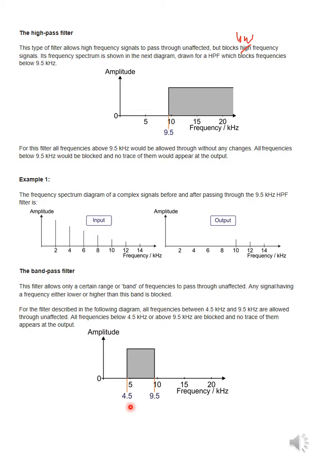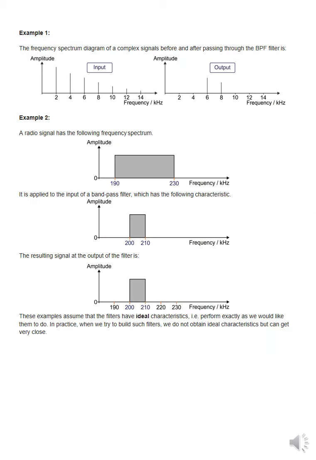This filter allows only a certain range or band of frequencies to pass through unaffected. Any signal having a frequency either lower or higher than this band is blocked. For the filter described, it is from 4.5 to 9.5 kilohertz. So all frequencies between 4.5 kilohertz and 9.5 kilohertz are allowed through.